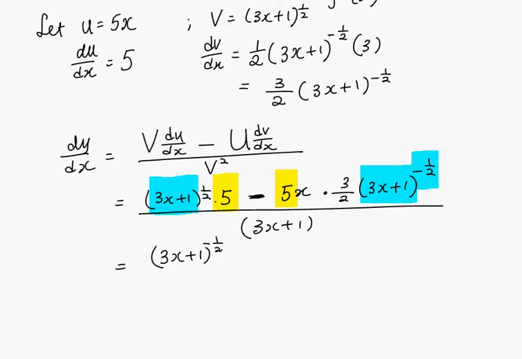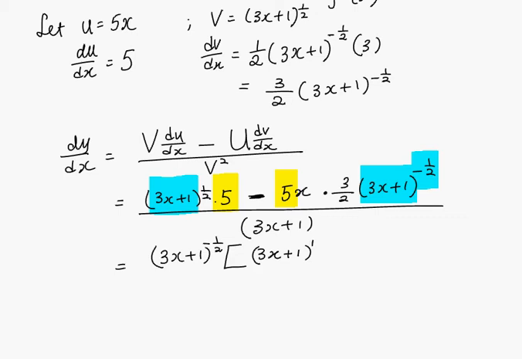So if you take out (3x plus 1) to the power of negative half, this will be (3x plus 1) to the power of 1.